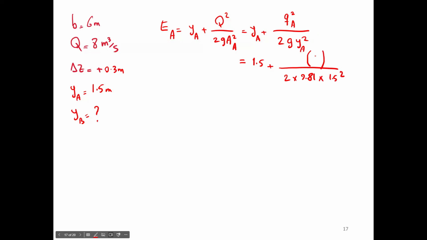For this, I will go for 8 over 6 squared. Why? Because q is equal to Q over B. If I do that, I will have 1 point.